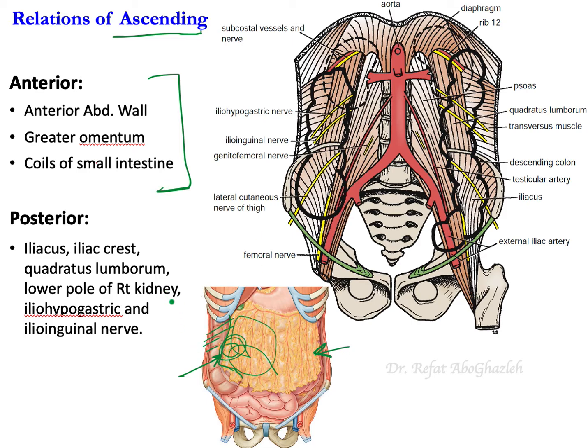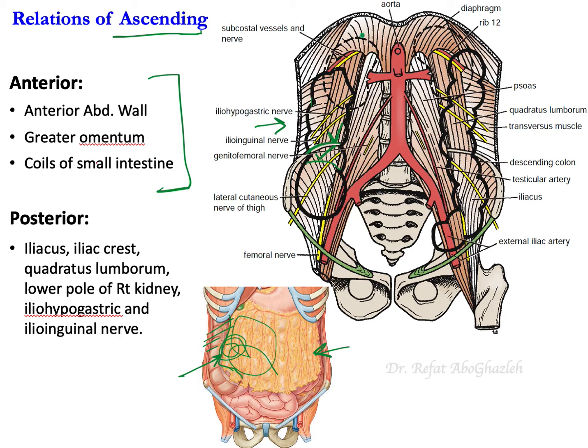Back to the ascending. Again, this is the ascending colon that you see here. Posteriorly, if you start from here, it's related partially to the iliacus muscle, to the iliac crest, to the quadratus lumborum. This is a muscle, quadrangular in shape. We call it quadratus lumborum.